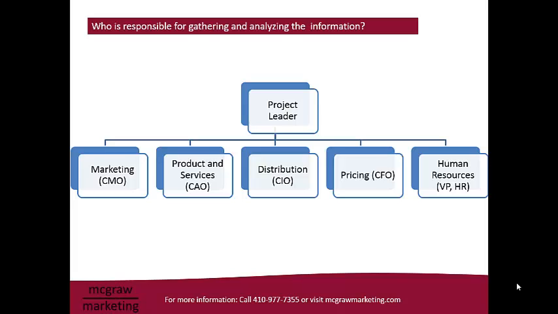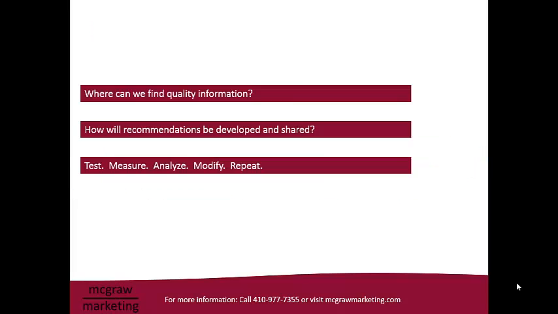The other is this makes this a company-wide initiative and not a marketing initiative, which is critical to the long-term success. If they don't buy in at the beginning and the marketing department ends up having to do all the work, your competitive intelligence program is going to have a very short lifeline. As I mentioned, this type of approach will help you find out where the quality information is, and then you'll work out together how those recommendations will be developed and shared.